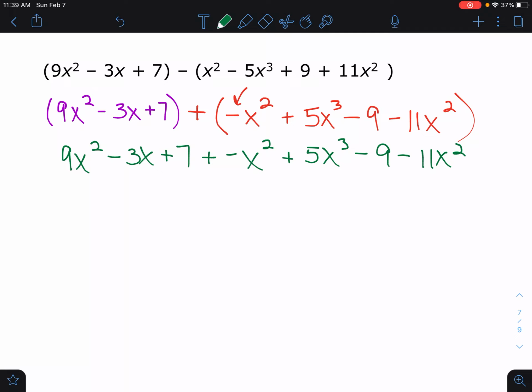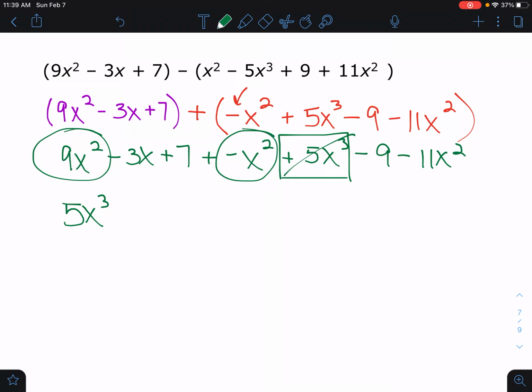All right. So our highest degree term is this right here. So I'm going to start with that. I don't see any other x to the third powers. So 5x cubed. Okay, continuing with combining like terms, I've got 9x squared, negative x squared, and negative 11.